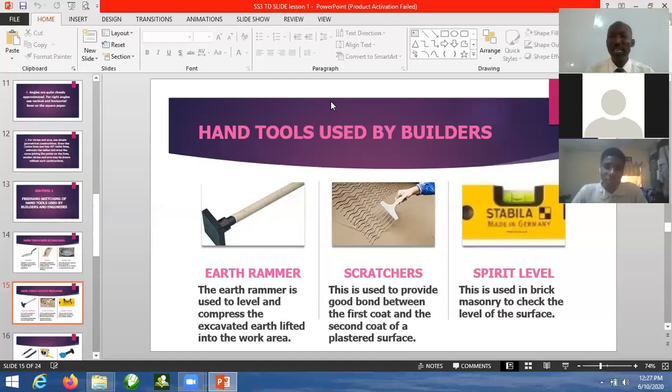Then again, in building, it is used to check the level of the plaster of a surface, to see if the surface is on a flat level. Is that clear now? Yes, sir.